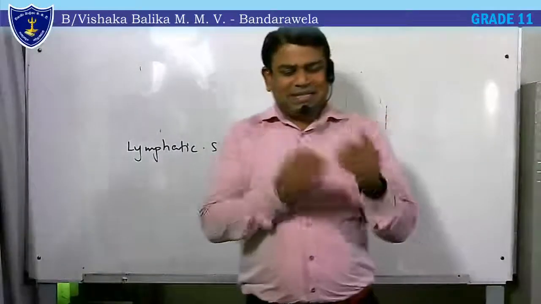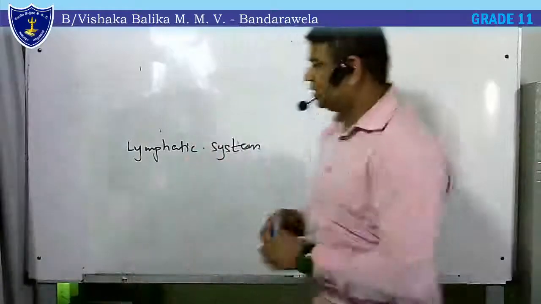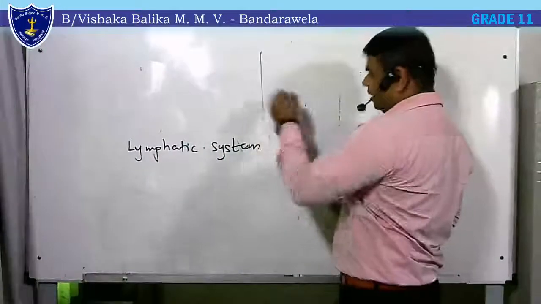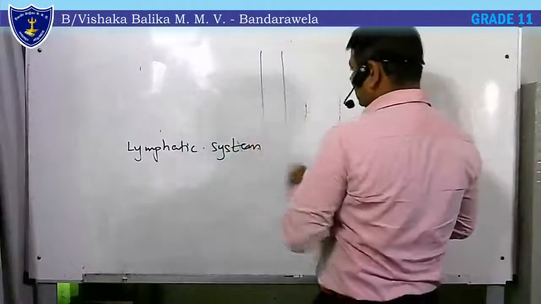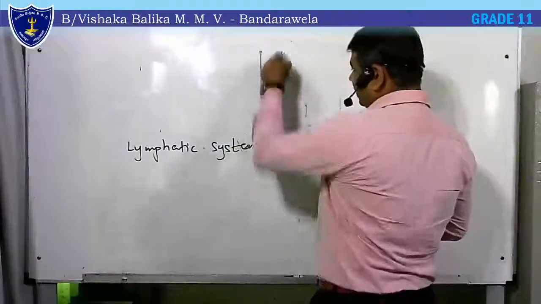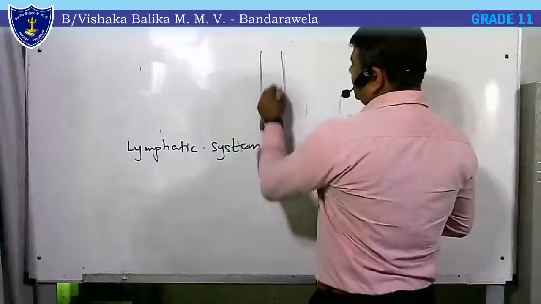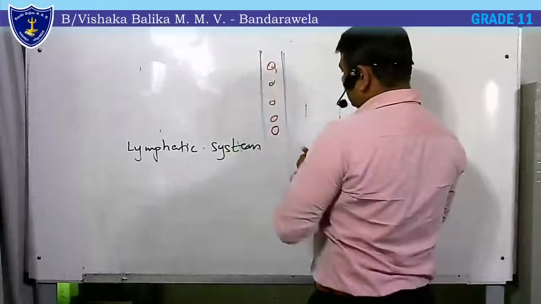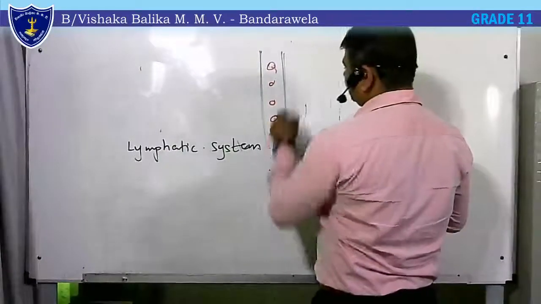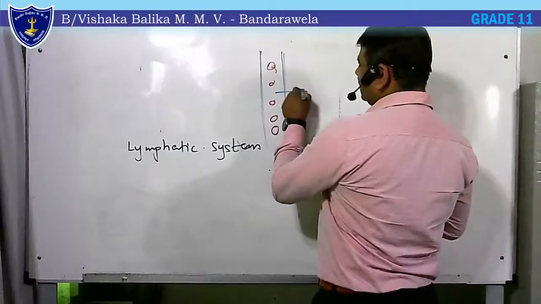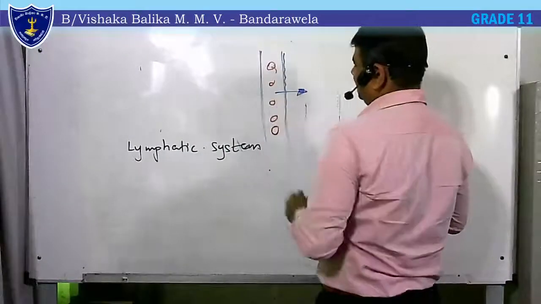Blood seeps through the walls. Let's take this as a blood vessel. Some blood components seep out through these walls.